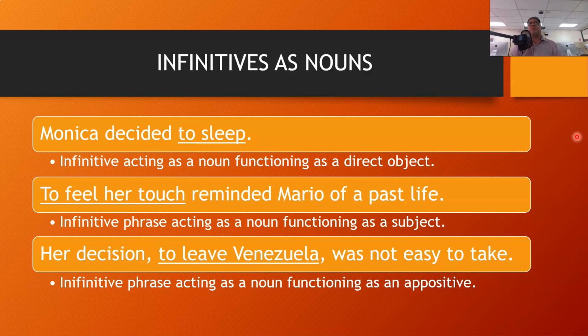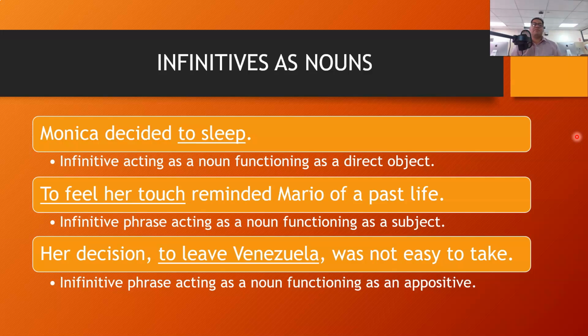Remember that it's very important that we don't simply assume that, oh, this is an infinitive, so it has to be a noun, because it's the most common role that an infinitive may have. No. We always need to test our assumption. We always need to analyze to check that the infinitive is performing a specific role.